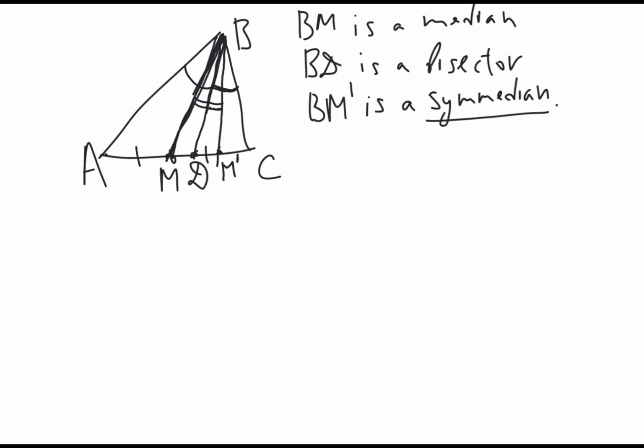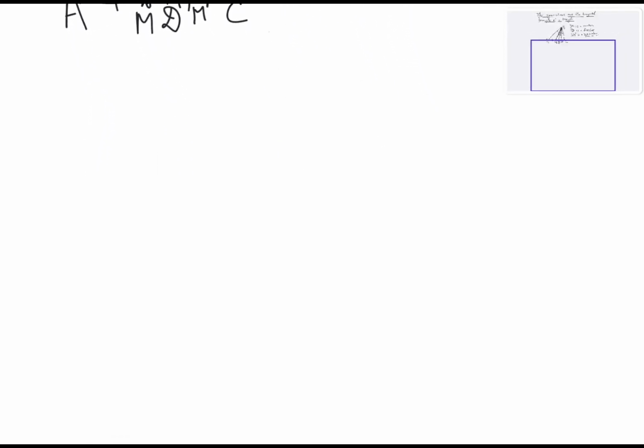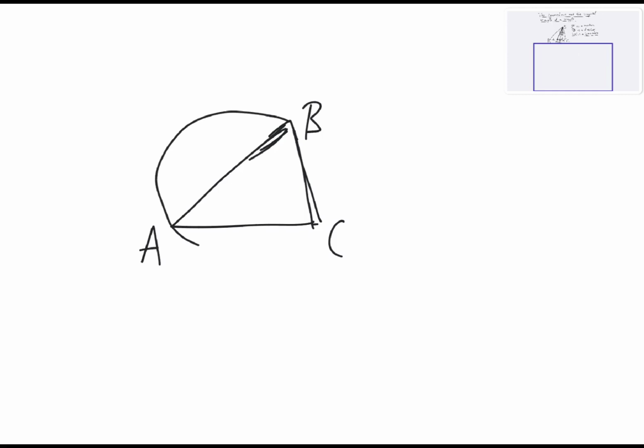So the tangential triangle is a triangle. Let's say that we have an arbitrary triangle ABC, and we consider its circumcircle, and we consider the tangents to this circumcircle at the vertices.